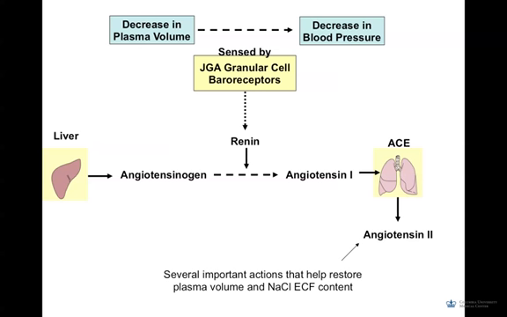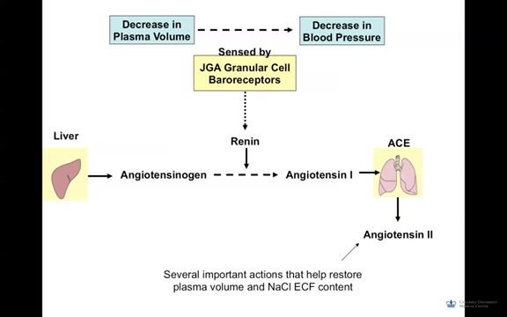Okay? So the release of renin promotes the ultimate formation of angiotensin 2. Angiotensin 2 is a very powerful hormone. It acts in several very important ways to increase plasma volume and increase sodium content. Okay? And it's all directed at recovering plasma volume, recovering blood pressure.